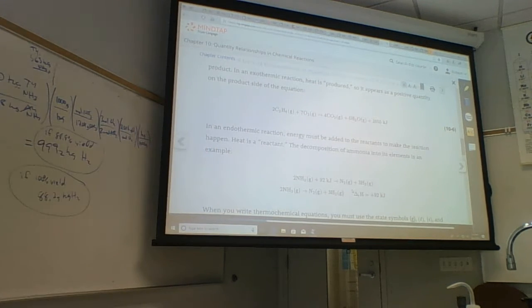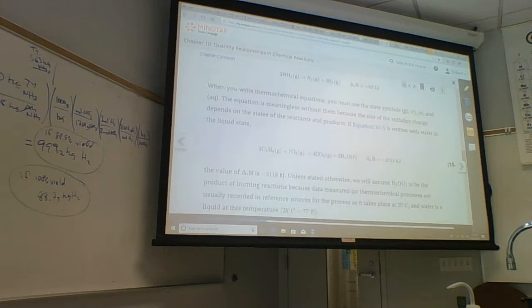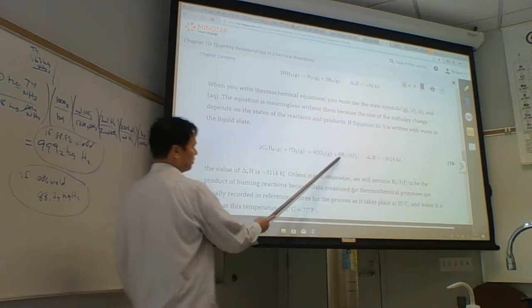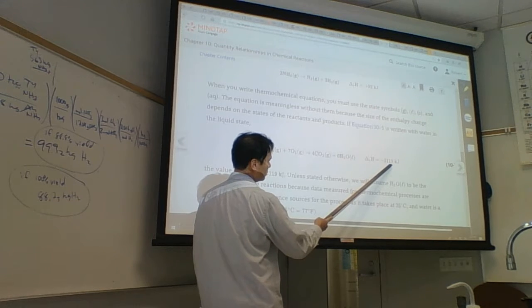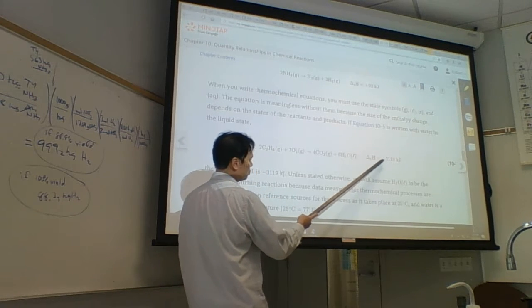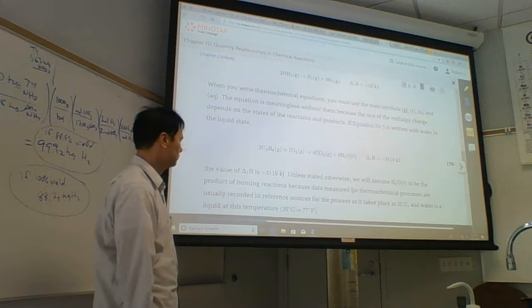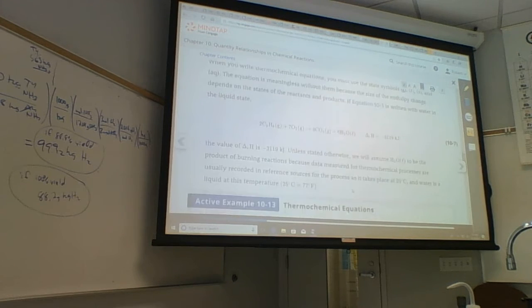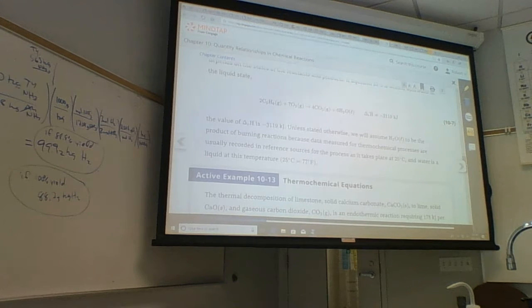Liquid water being more stable than gaseous water, it's going to release a different amount of heat. And in fact, it does. If we just simply change it to liquid water, we're going to release 3,119 kilojoules rather than 2,855. It makes sense to use liquid water here because most reactions take place at room temperature, room temperature being 25 degrees C, 77 degrees F.